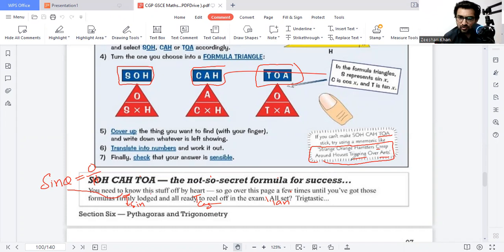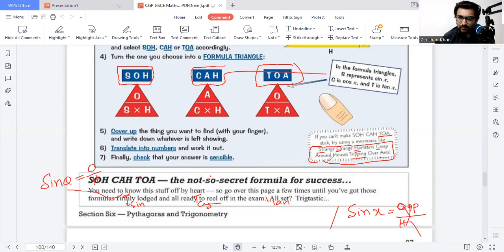Now, strange orange hamsters, what does that mean? S for sine x, O, the orange O, for opposite. So you will write the first one on top, as the numerator. And hamsters, that would be hypotenuse, H for hypotenuse.